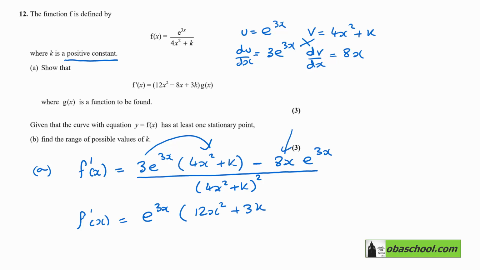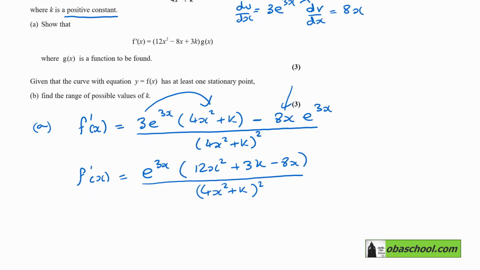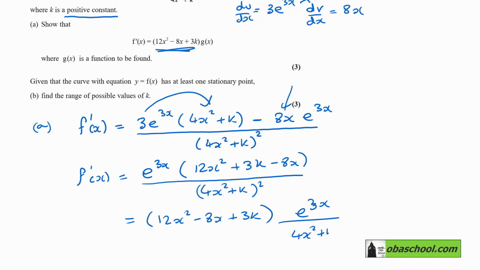And then taking out the e to the 3x is going to give me a minus 8x there, all over 4x squared plus k squared. And that is going to give me 12x squared minus 8x plus 3k, which is nice because it's that bit. And that is going to be multiplying e to the 3x over 4x squared plus k, all squared.